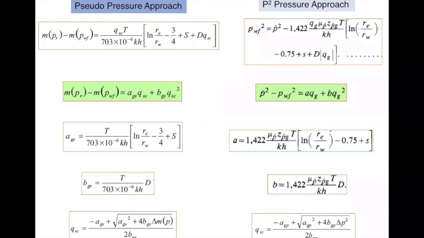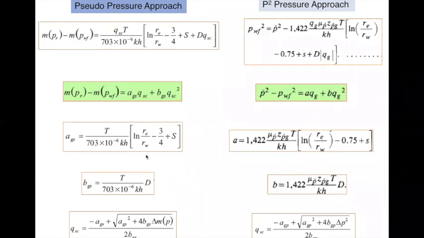You can see MPR minus MPWF is equal to AQSC plus BQSC square. Similarly, in the P square approach, the same equation is written in the form of P square minus PWF square equal to AQG plus BQG square.